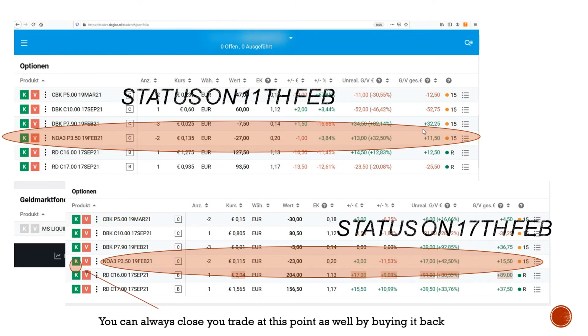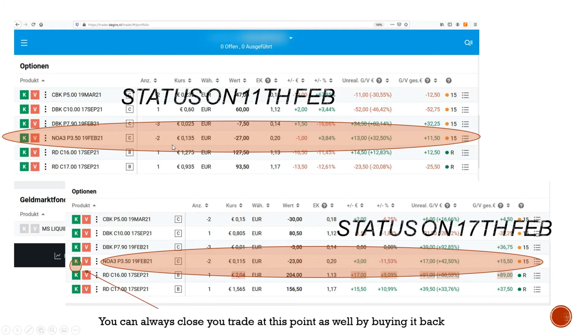So let's look at how it was trading. On 11th of February, these two contracts of Nokia which I've sold were giving me a profit of 32 percent. If I could have closed it on this day, I could have collected, let's say, 11 euros 50 cents.